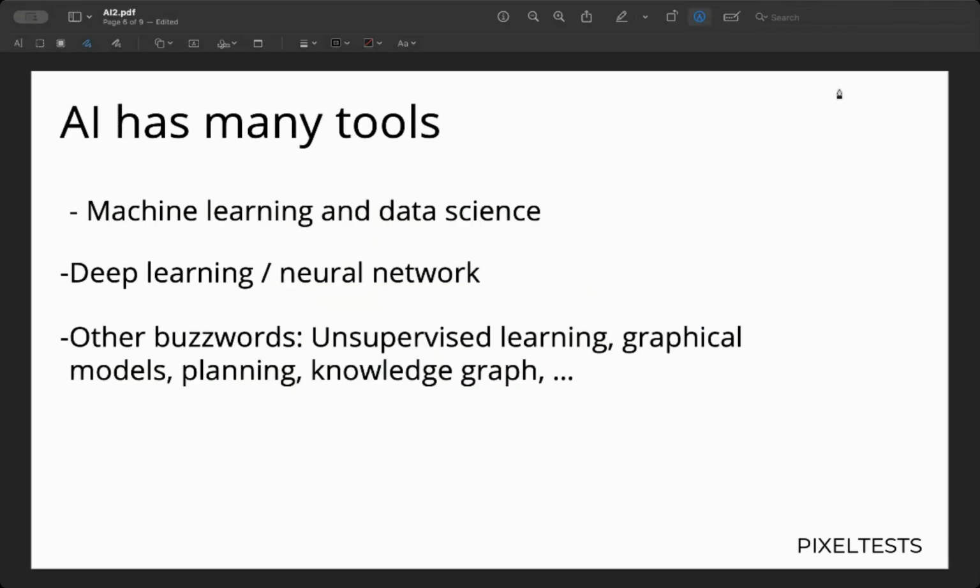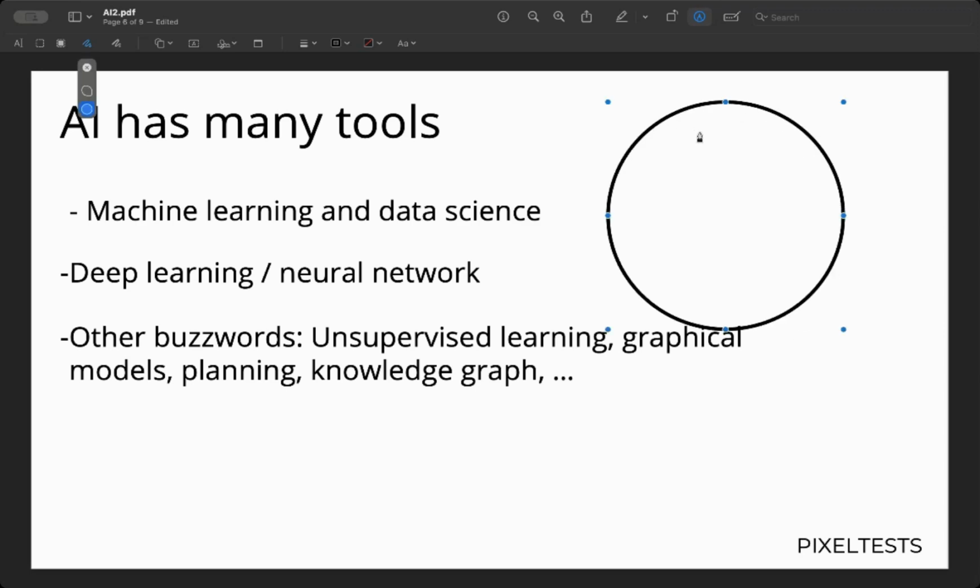Now, AI has many tools, right? So, machine learning and data science, deep learning, neural network, and there are many other buzzwords also. Just to be able to understand this better, you can understand this like a chart, right? So, now if you take a circle, the larger circle is AI, right? And within that, the subset is another circle, which is machine learning.